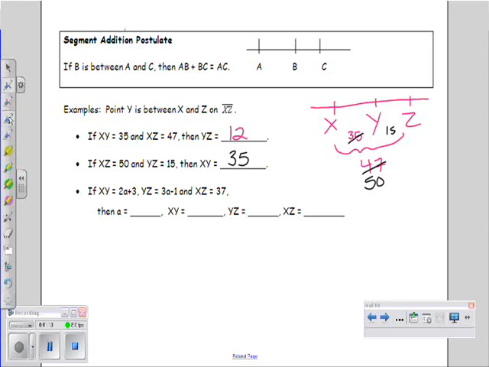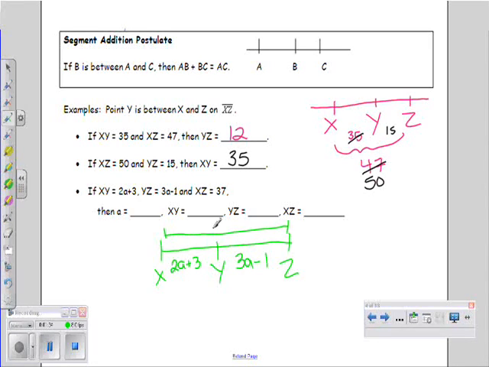So now let's talk about what happens with my same figure. We've got X, Y, and Z, and we're dealing with algebraic expressions. Now XY is 2A plus 3, YZ is 3A minus 1, and this whole distance, XZ, is 37.